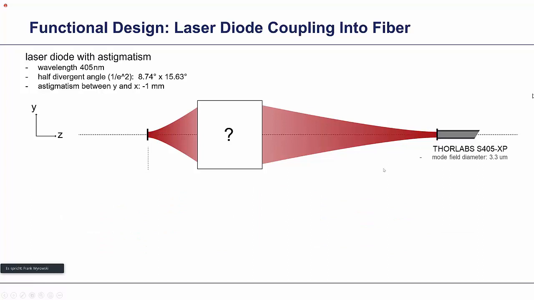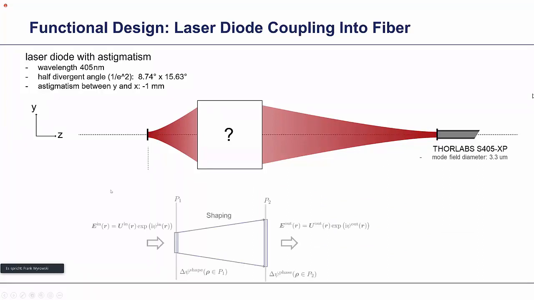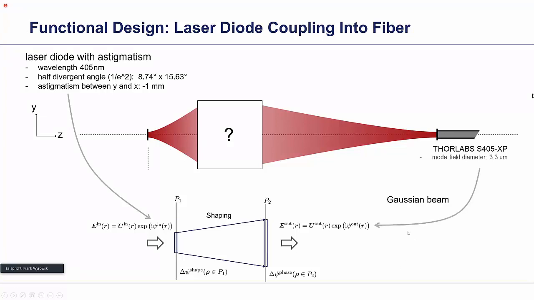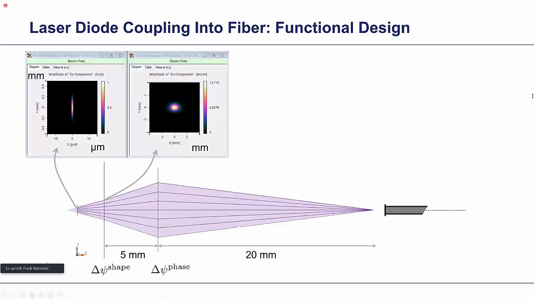Let's discuss what it means. It means that we first need to do light shaping, and then we need to do a focusing. The input comes from the laser diode. The output must be a Gaussian beam of the diameter given by the core of the fiber.